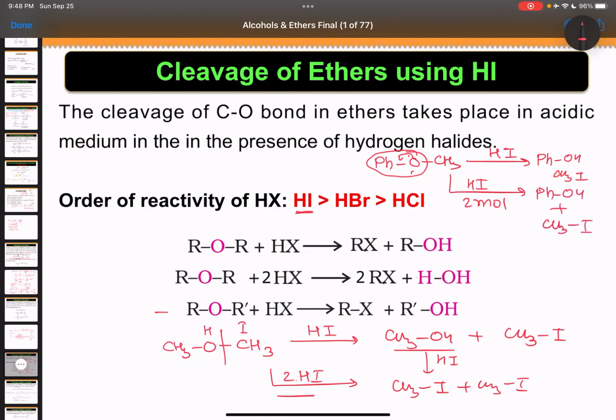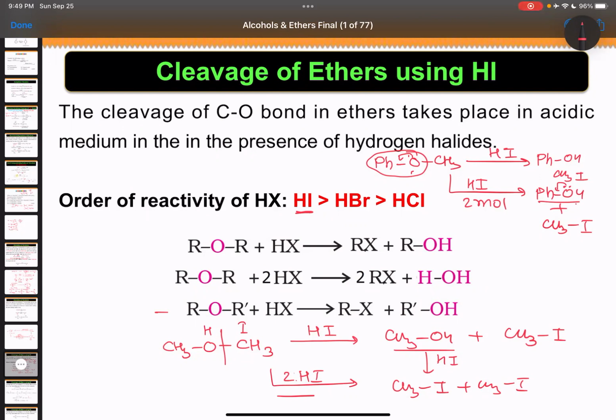Samira, could you recall why it has happened? What's the reason? Maybe it is difficult to break. That's true. Why? Because it gets stabilized through resonance. Yes, and this Ph and O bond has acquired partial double bond character due to resonance.